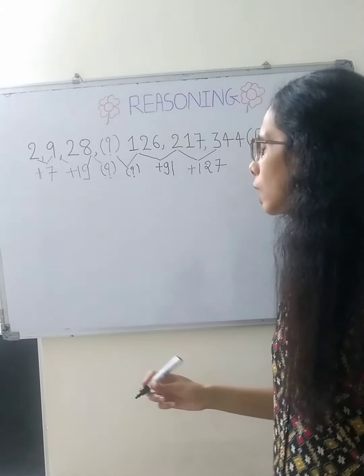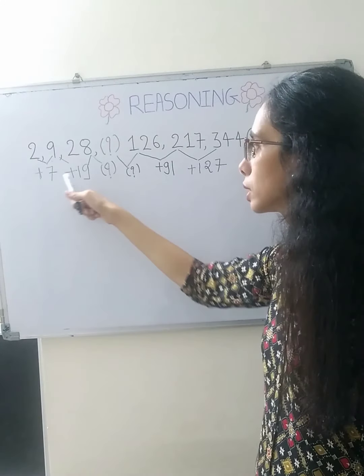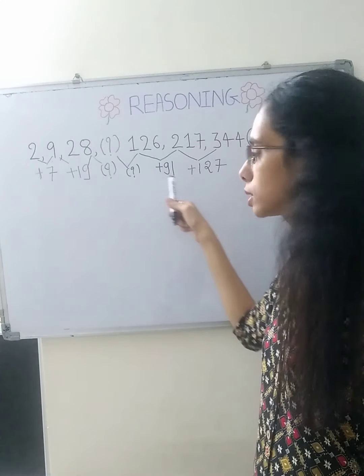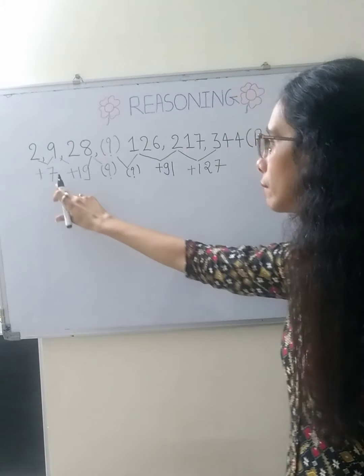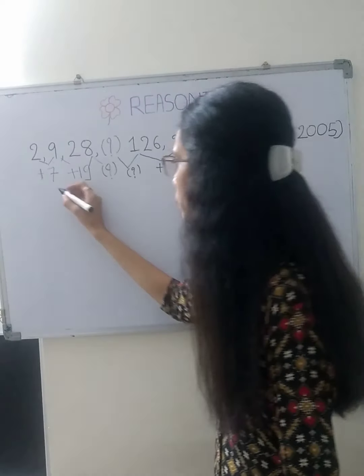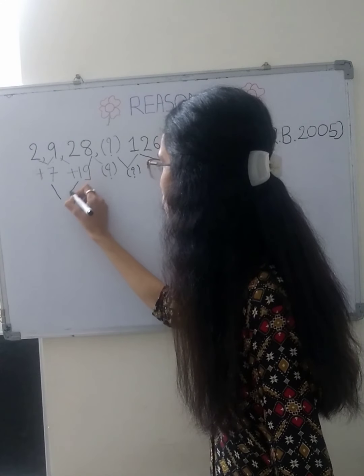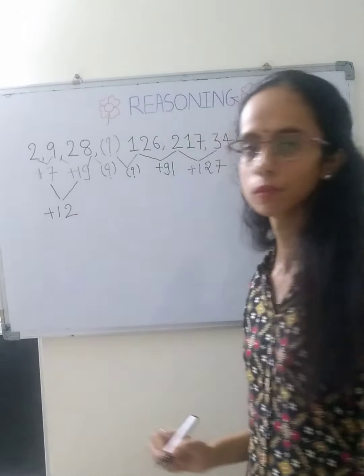Now the differences between the consecutive terms of this series form a new series. Let's see how. 7 and 19. What is the relation between these two terms? Plus 12. So we will write here plus 12. Fine.